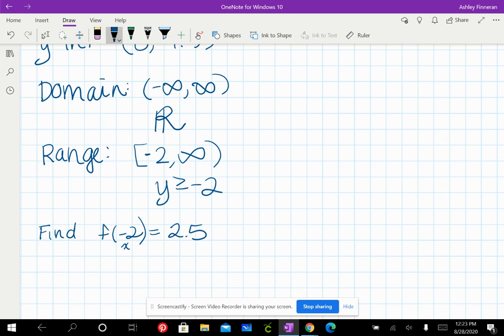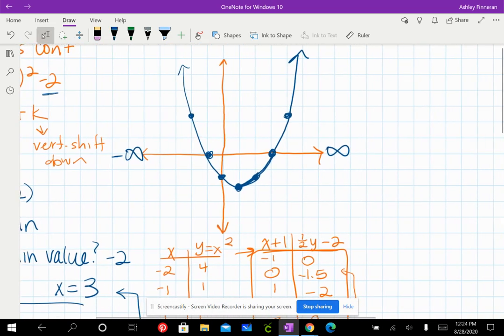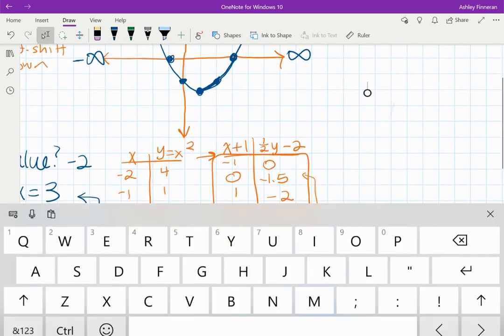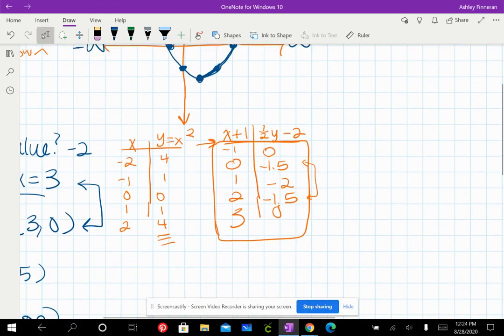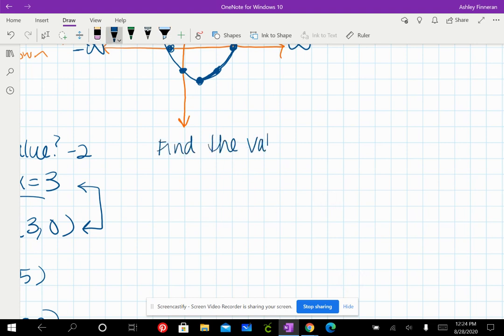The next one I want to answer is, I'm kind of scrolling a lot. Let's see if I can. I'm going to erase these tables so I have more space. Let's say I want to find the values of x when f of x is equal to -1.5.